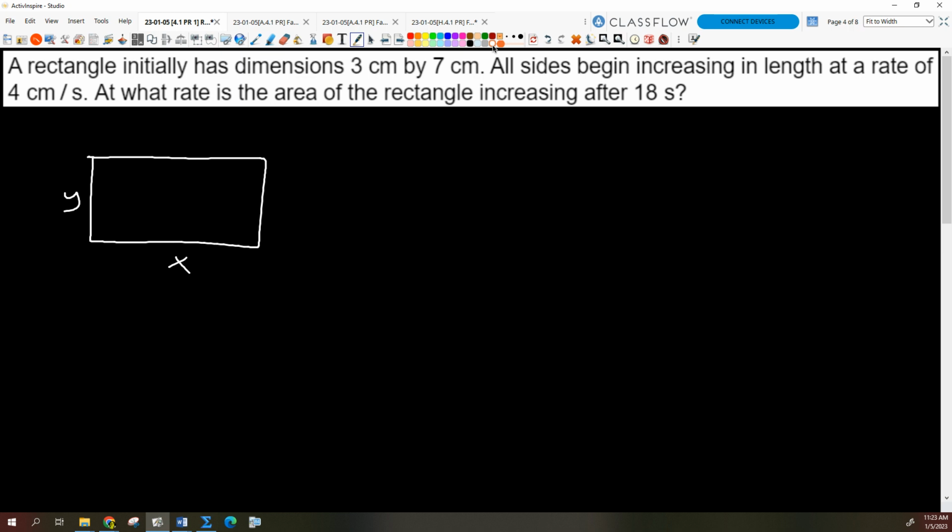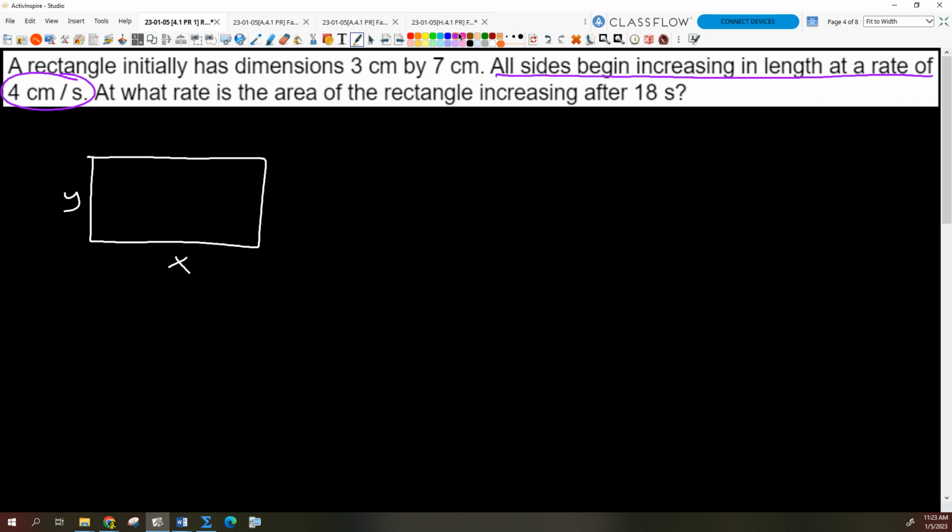When we add our snapshot values, what is this part right here telling us? It says all sides begin increasing in length at a rate of 4 centimeters per second. So what's that telling us? In our picture, what are our sides?